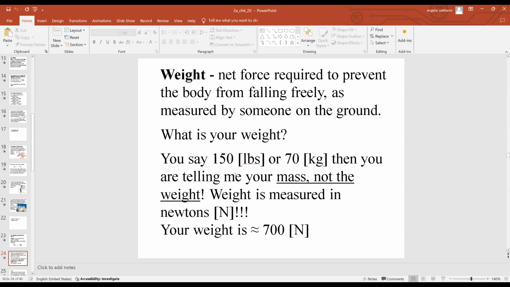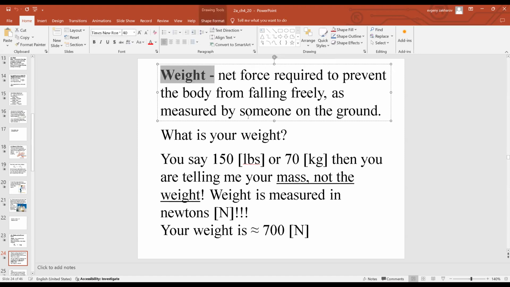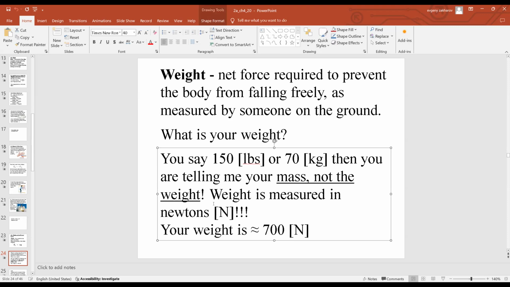So next time you go visit a doctor and he or she asks you for your weight, what do you do? You have to forget pounds. There's no pounds here. We have System International, and for whatever the pounds you have, you have to cut it in half. Say for 150 pounds, that would be like 75 kilograms, and that would be the mass.